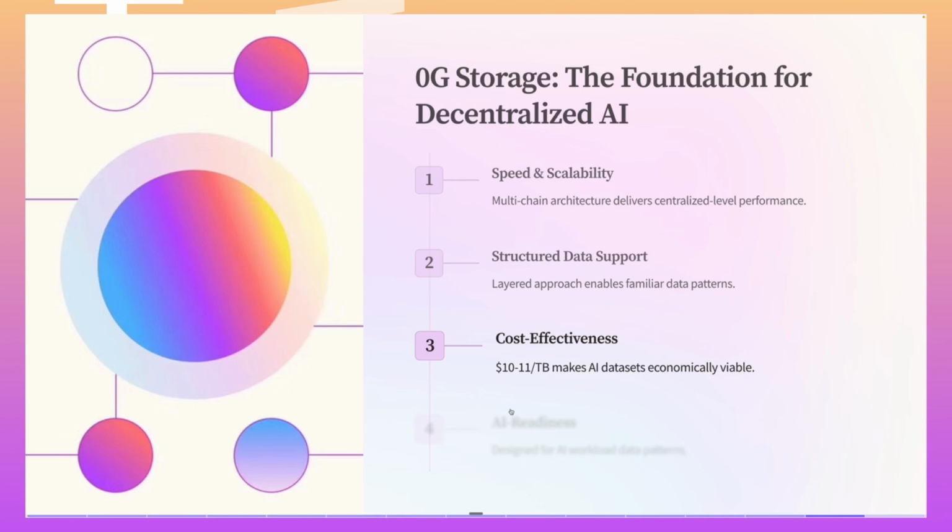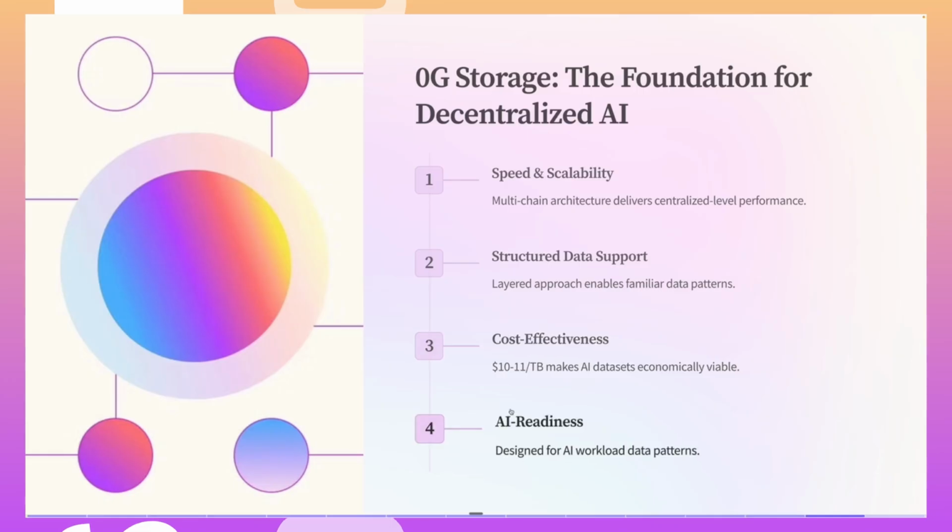So you have log layers, you have KVs, you have object storage, everything within the same storage system that is also decentralized. And for cost effectiveness, as I previously said, it is cheaper than all the decentralized and centralized storage systems. It is even 1500x cheaper than Arweave, one of the one-time payment storage systems that is available as of now.